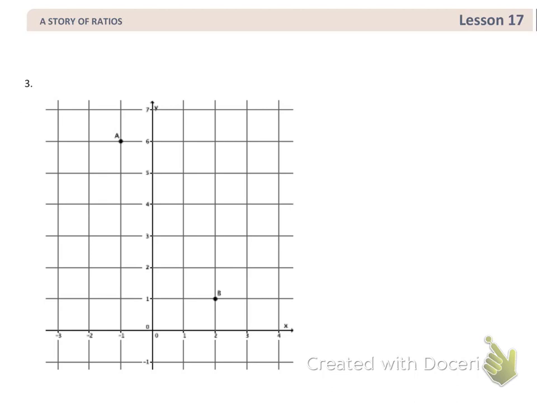Okay, next one is number 3. So we can construct our triangle. And the hypotenuse would be the distance. Got 5 and 3 on this one.